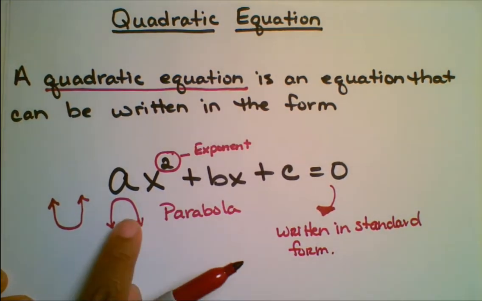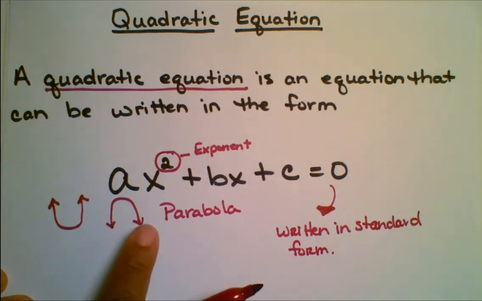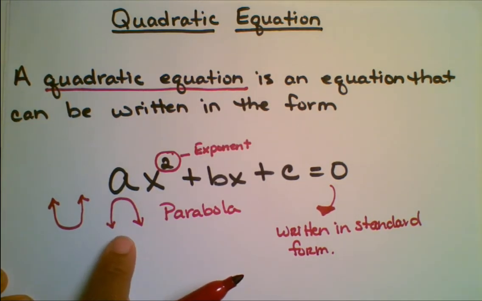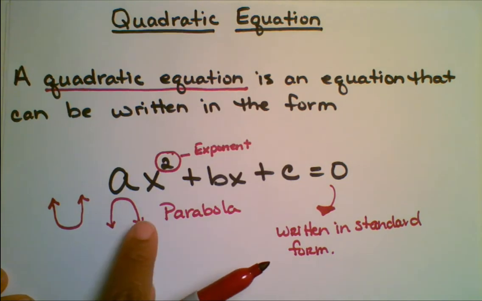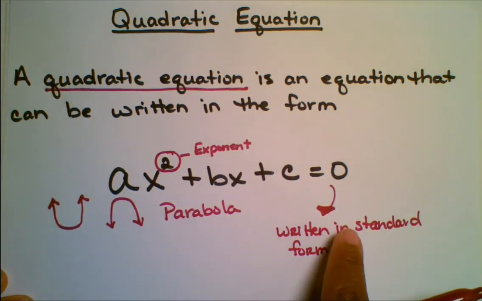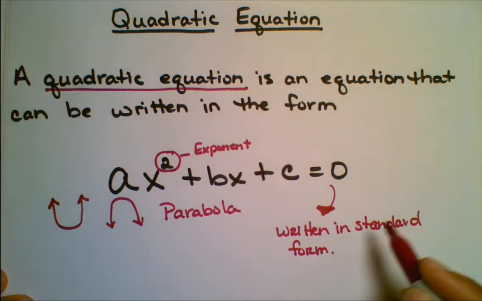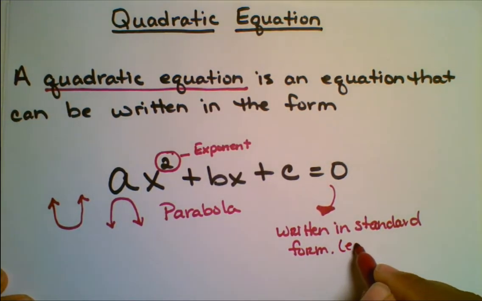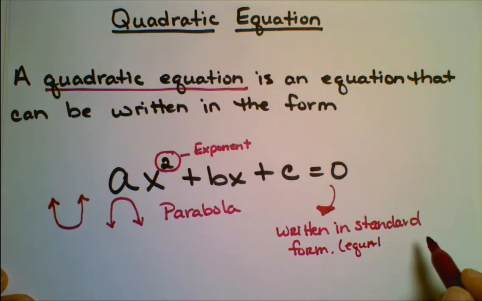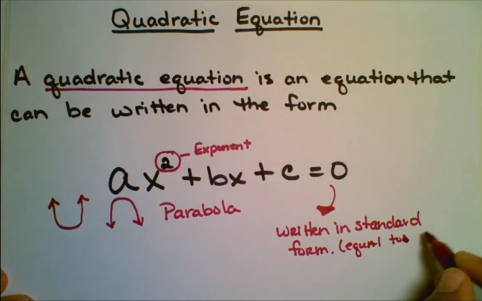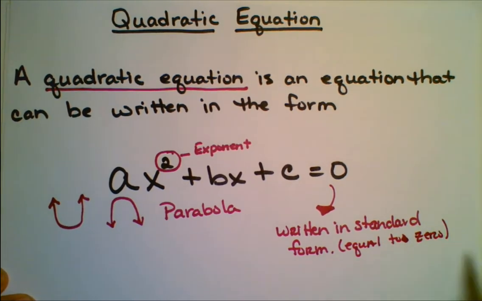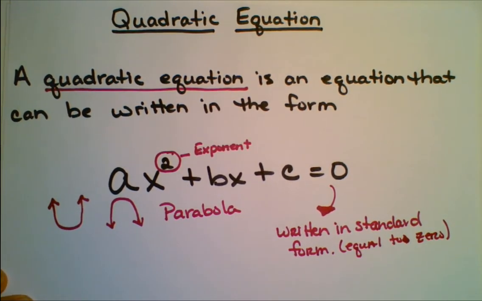This is going to be so key because our first lesson is solving a quadratic equation by factoring. And it's going to be key that you write your equation in standard form, meaning the equation must be equal to 0. Okay, so that's what we're going to be looking at today.